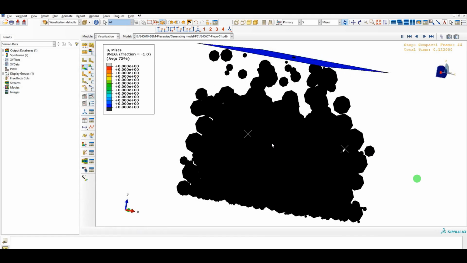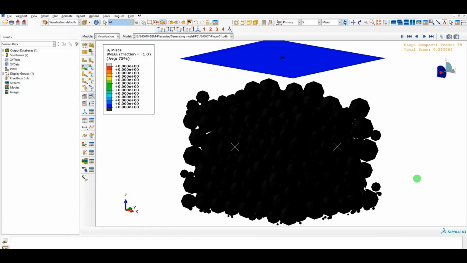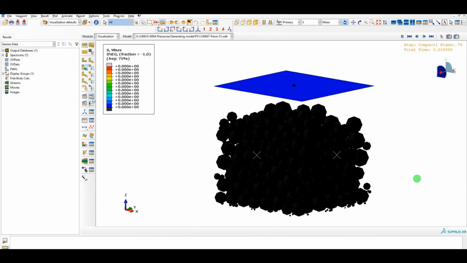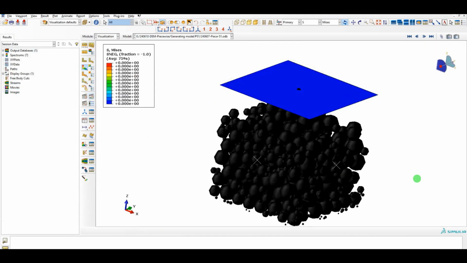As you can see, we have different particle sizes, and they are created with only one inlet.